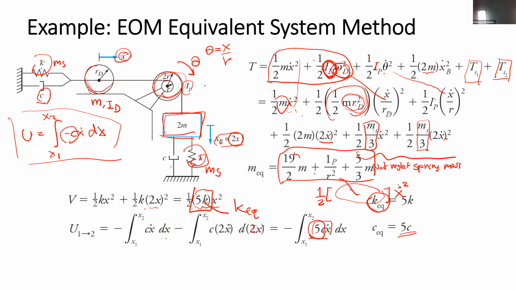So here we have M equivalent, C equivalent, and K equivalent, and we don't have external force, so the right hand side is 0. So this is the equation of motion of this system.